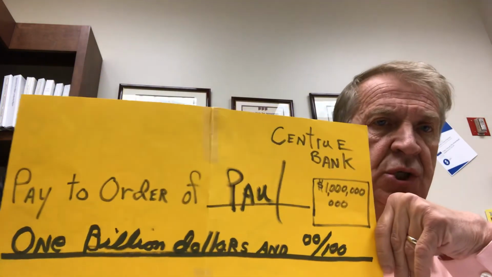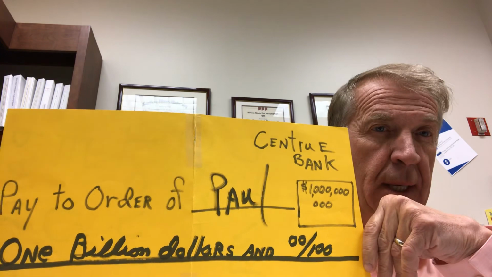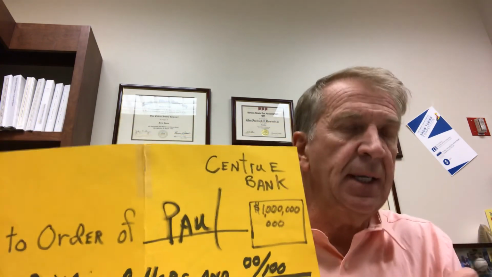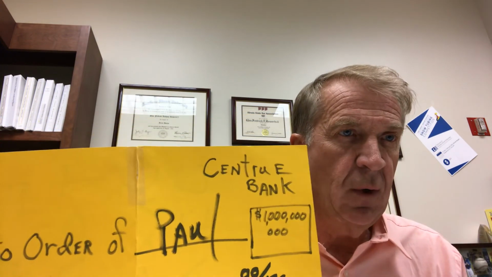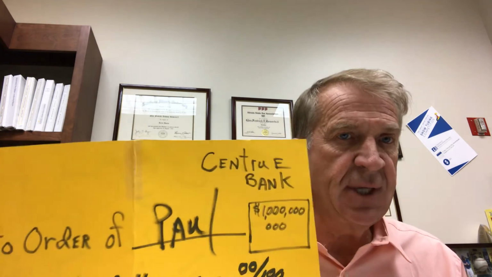In other words, in order for Paul to get this check from me, he needed to give me something in return for it. The concept of consideration. So he needed to trade something of value to me. Maybe I was paying him $1 billion for him to build me a house. Something like that.